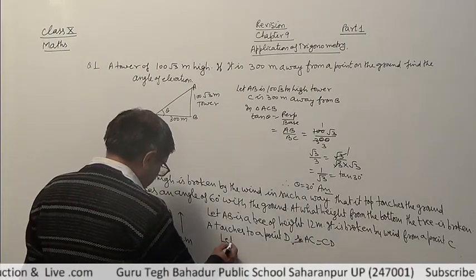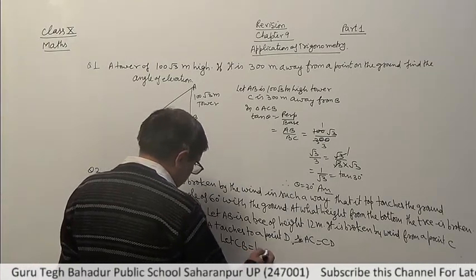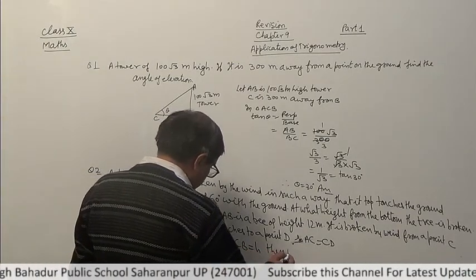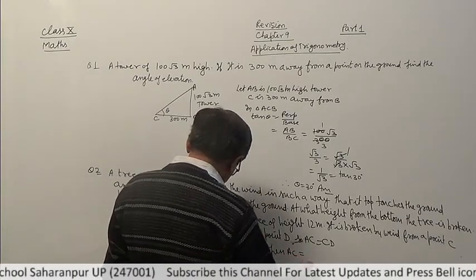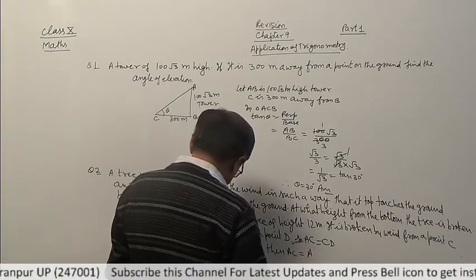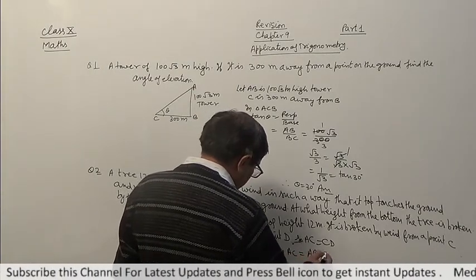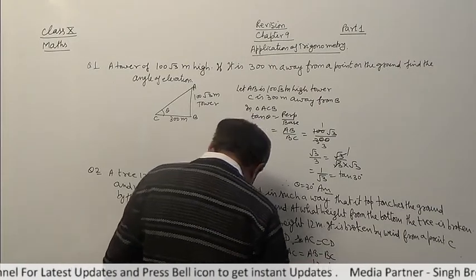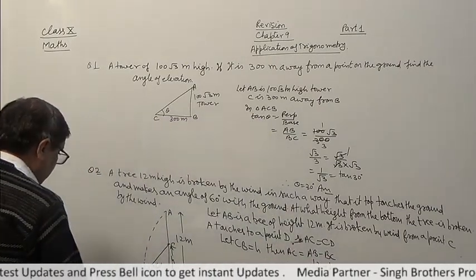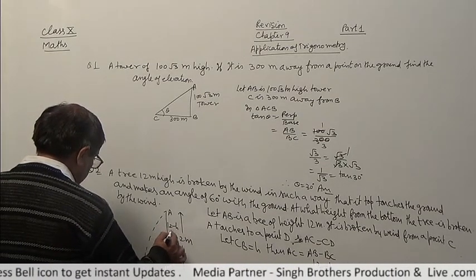Let CB is equal to H, then AC will be equal to AB minus BC, that is 12 minus H. So this is 12 minus H.